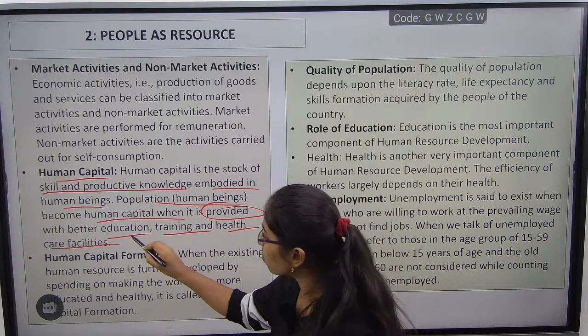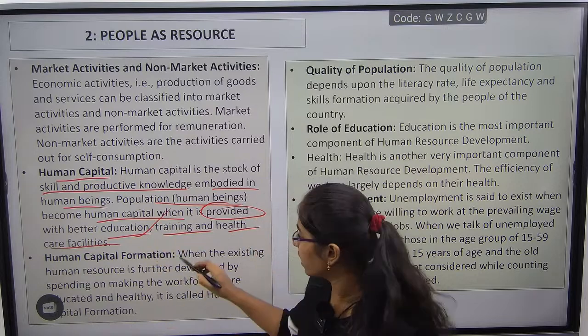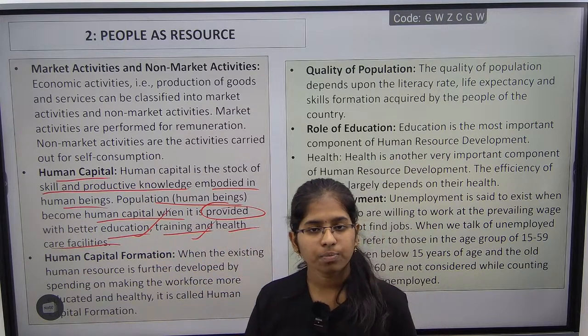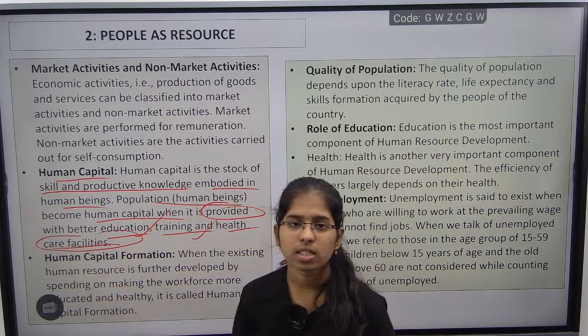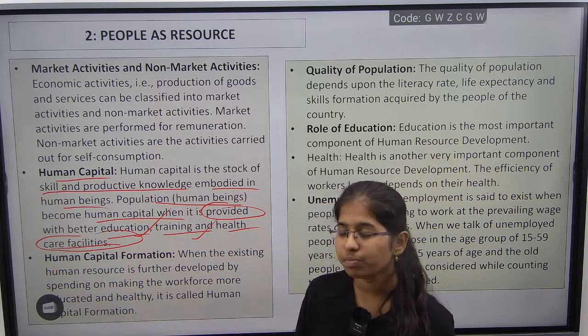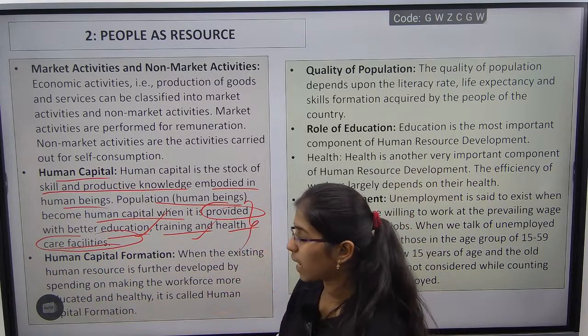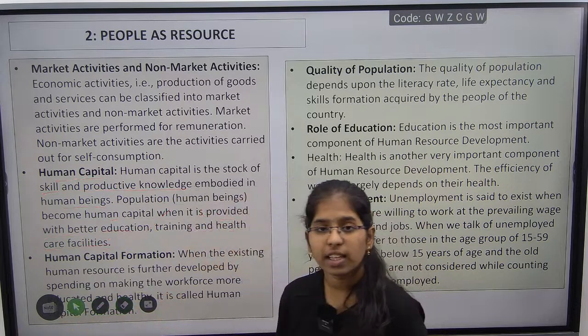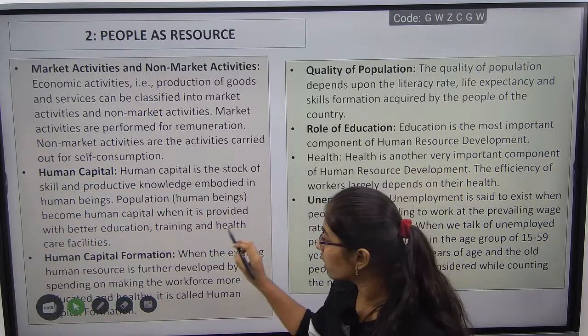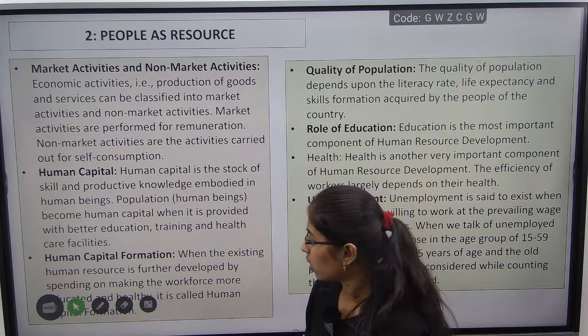If we provide them skills and good healthcare services, then only these humans become human capital. Otherwise, we don't require them. If they don't have the skills, then who will recruit them for their jobs?